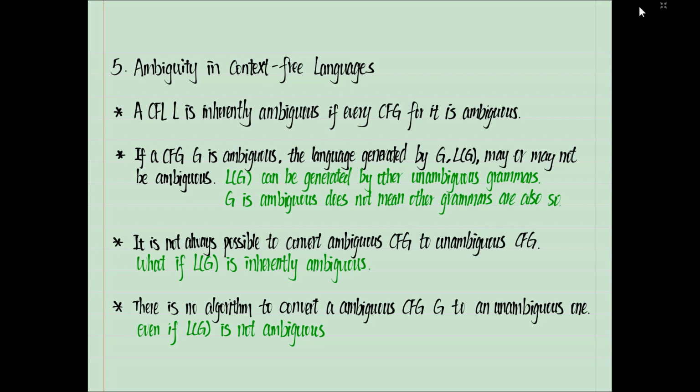And unfortunately, even if a language is not ambiguous, there exist unambiguous grammars and ambiguous grammars for this language. There is no algorithm to convert an ambiguous context-free grammar to an unambiguous one, even if we know an equivalent unambiguous grammar exists.